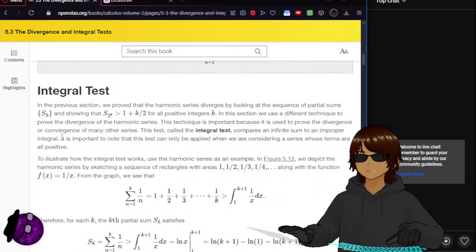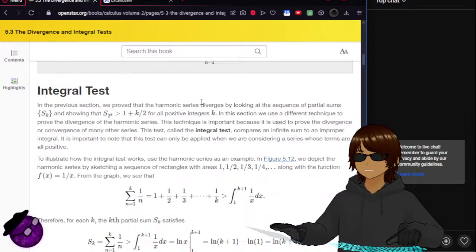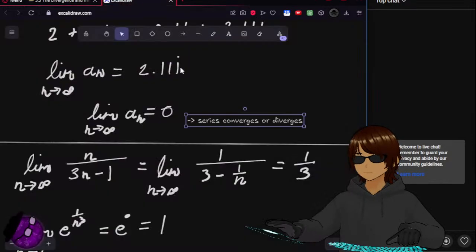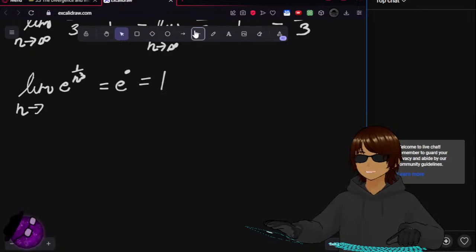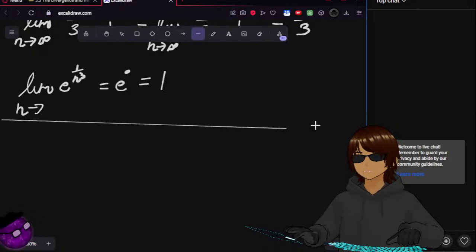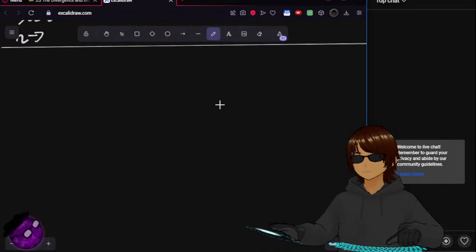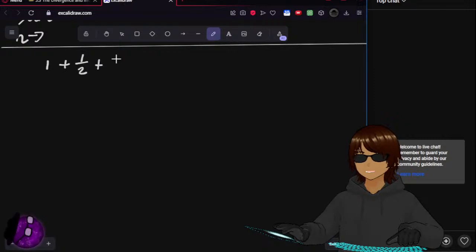Integral test. In the previous section, we proved that the harmonic series diverges by looking at the sequence of partial sums. For those of you who don't know, a harmonic series is like 1 plus half plus 1 over 3 plus 1 over 4, and so on.